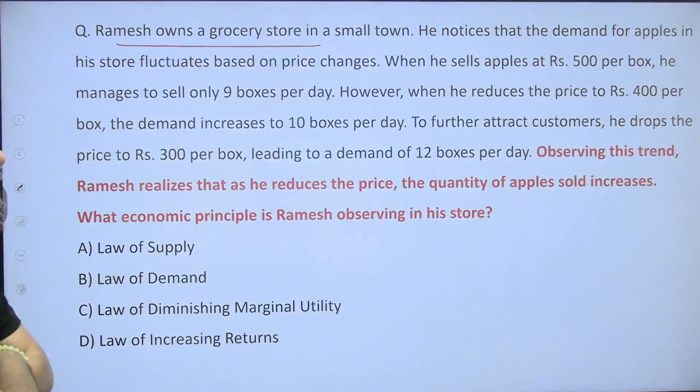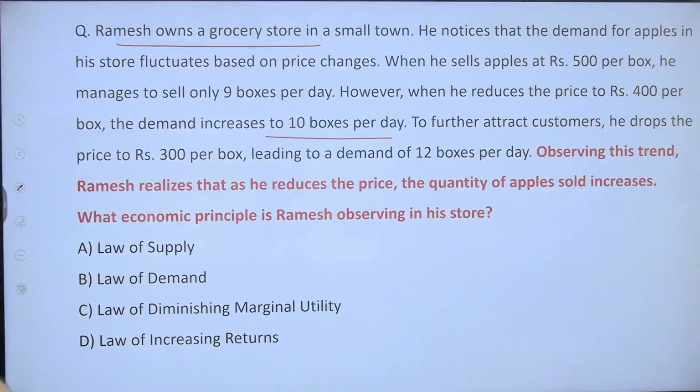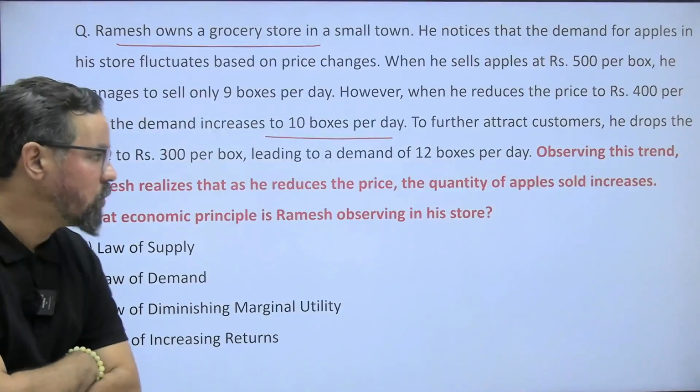However, when he reduced the price to 400, the demand increased to 10 boxes. To further attract customers, he dropped the price to 300 per box, leading to a demand of 12 boxes per day. Observing this trend, Ramesh realized that as he reduced the price, the quantity of apples sold increased.